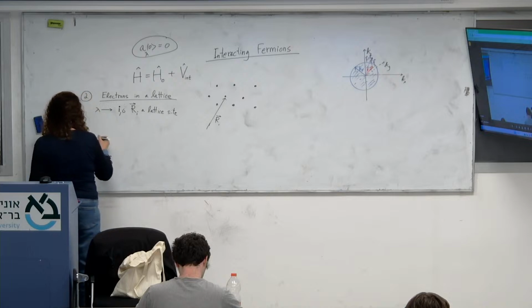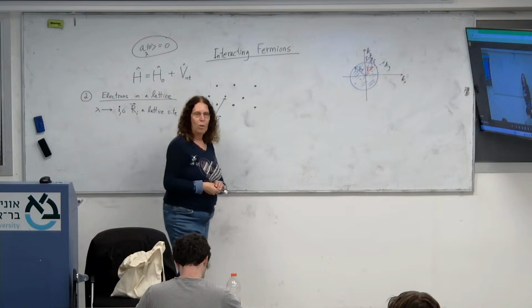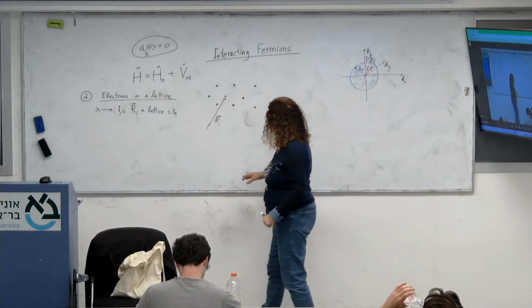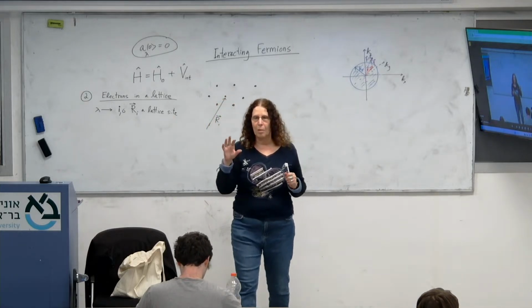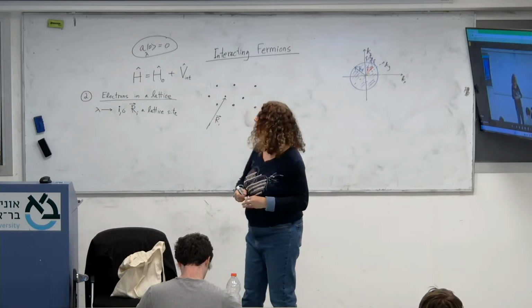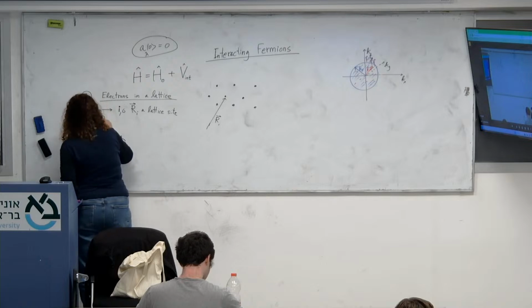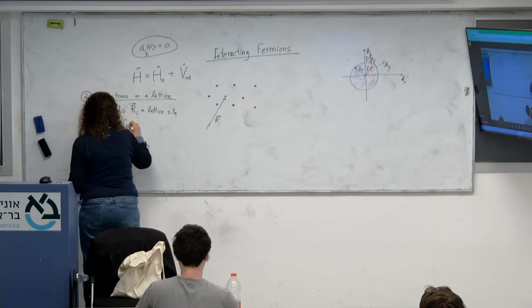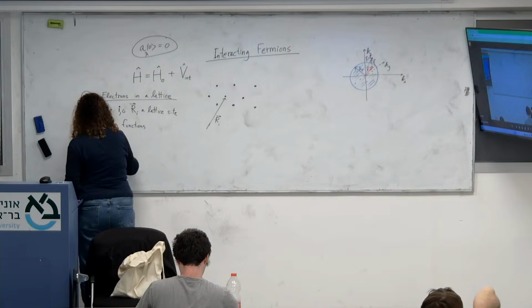So we're basically thinking of a problem where you have electrons that are closely localized on some sites, and they are described by these Wannier functions. Let me just remind you.